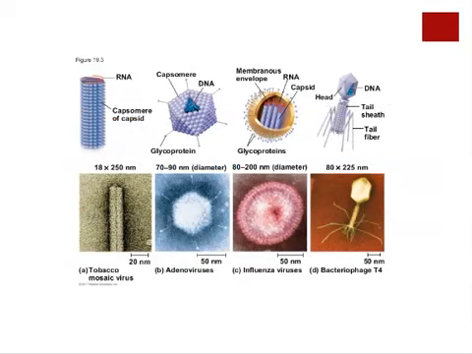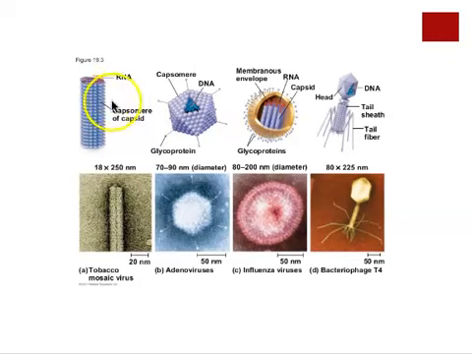So, we know of several different shapes that viral particles come in. We know of the helical shape, the polyhedral shape, the sphere, and the complex shape. Take a look at this slide.